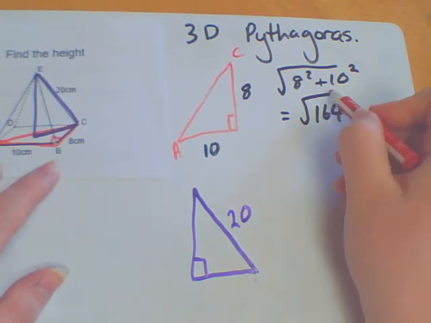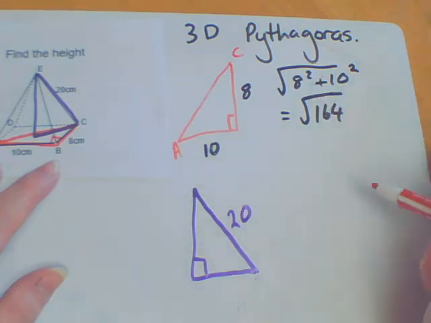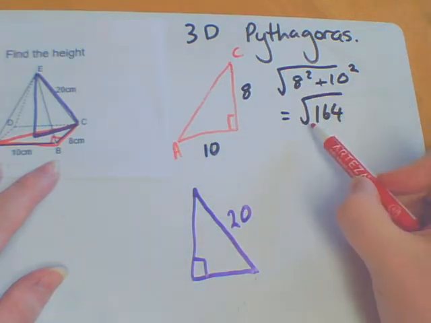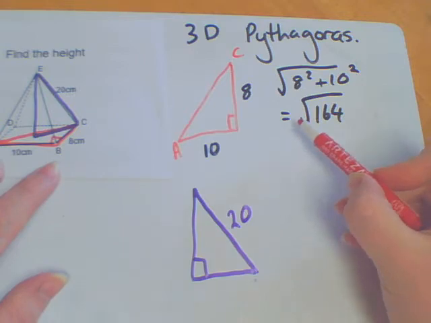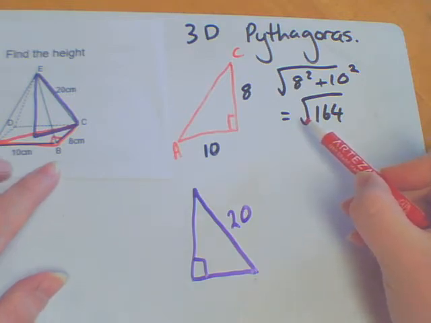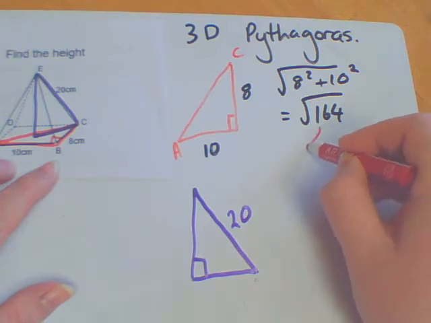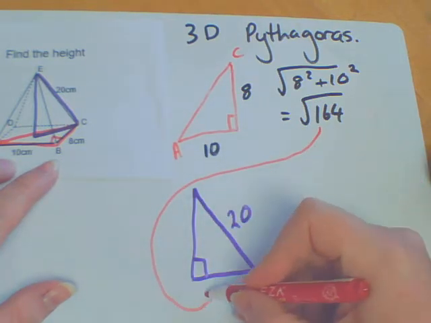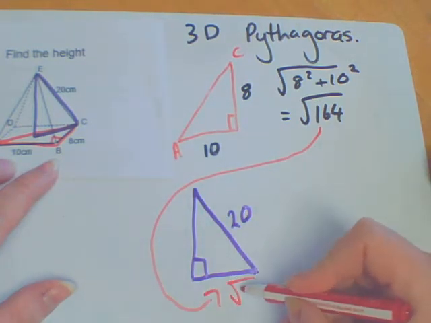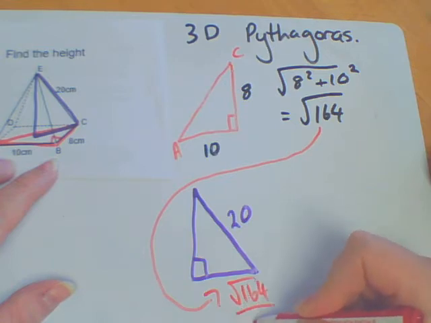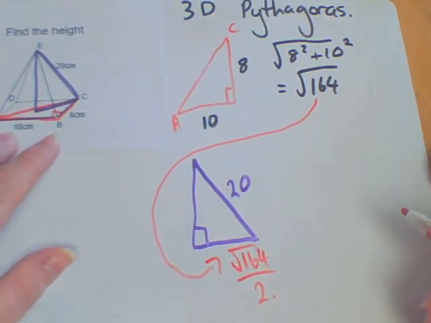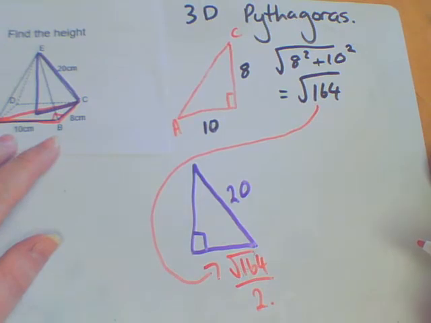So the base is half of this length. The root 164 is the whole way from A to C. I only want half of it. So this length is going to come all the way down here, and I'm going to divide it by 2. That is the length that would fit in there.